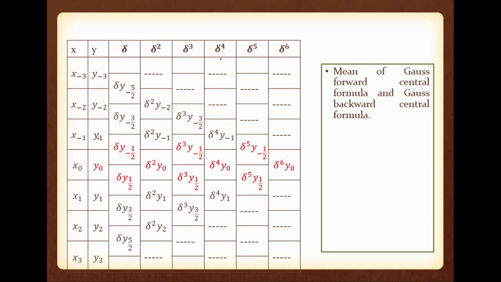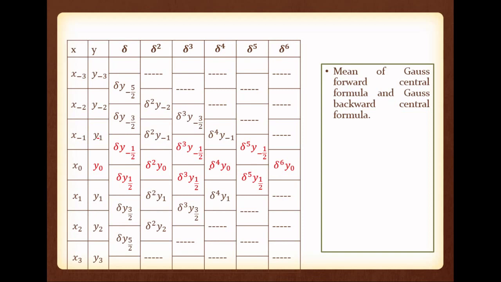Similarly, the theta raised to 4 terms: theta raised to 4 y minus 1, y 0, y 1. Then the fifth order terms: theta raised to 5 y minus 1 by 2 and theta raised to 5 y 1 by 2. Then the sixth order central difference term, theta raised to 6 y 0.